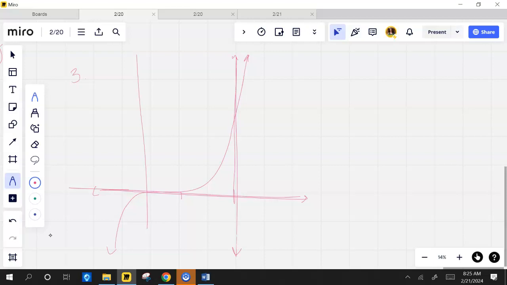So this is x cubed. This is 2. This point then should be what? 2, 8. And here is my region.